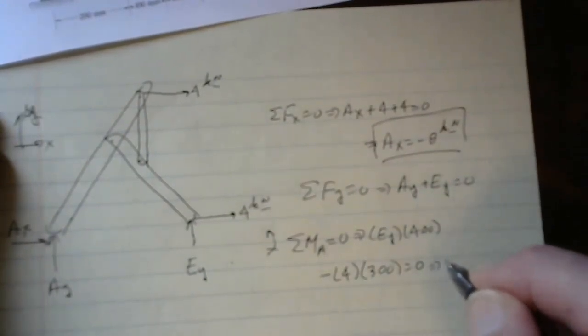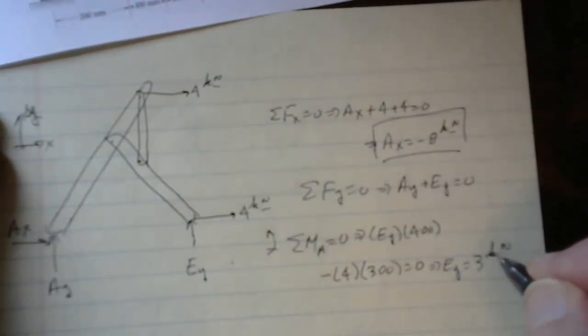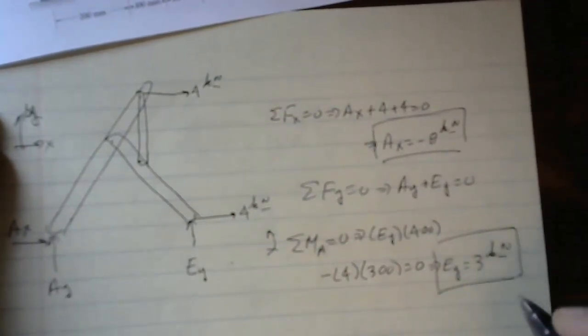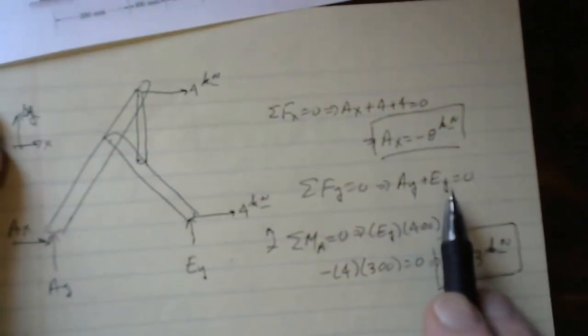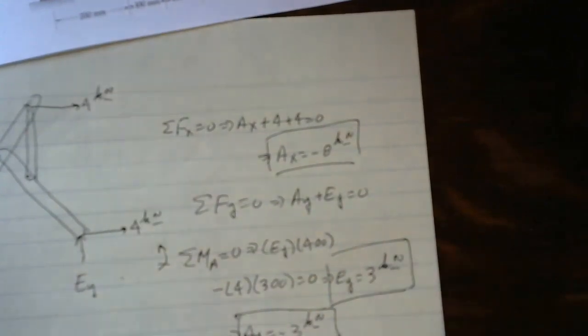I solve for EY, and EY comes out to be 3 kilonewtons. Then AY plus EY equals 0, so AY is equal to minus EY, so AY is minus 3 kilonewtons. So I have the support reactions AX, AY, and EY.